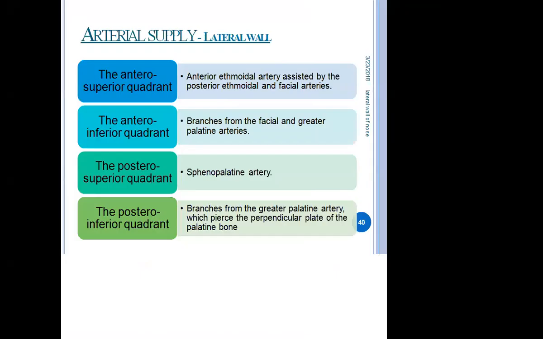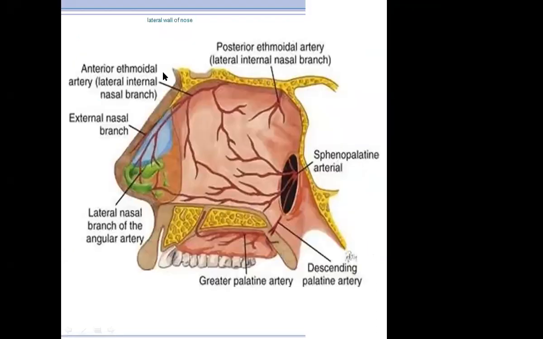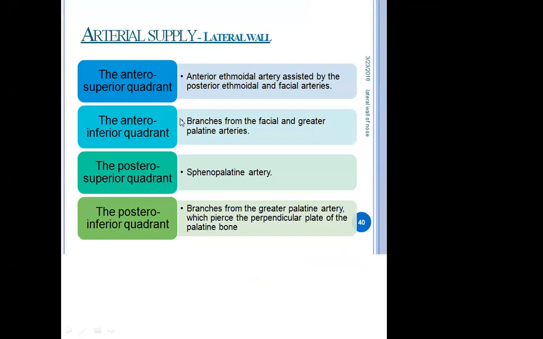Next, coming to the arterial supply for this lateral wall of the nose. This lateral wall is divided into four quadrants: anterior superior, anterior inferior, posterior superior, and posterior inferior. The anterior superior quadrant is supplied by the anterior ethmoidal artery, assisted by the posterior ethmoidal and facial arteries.